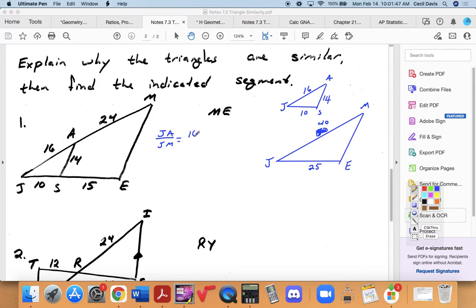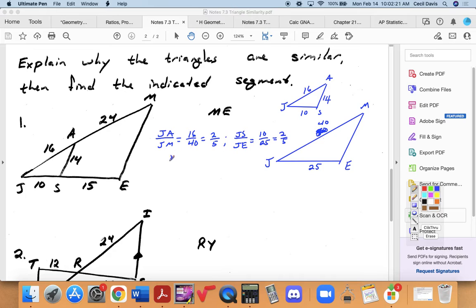JA to JM is 16 to 40. Let's see, both of those are divisible by 8. And that's 2/5. And then JS over JE will be 10 over 25, which is also 2 to 5.